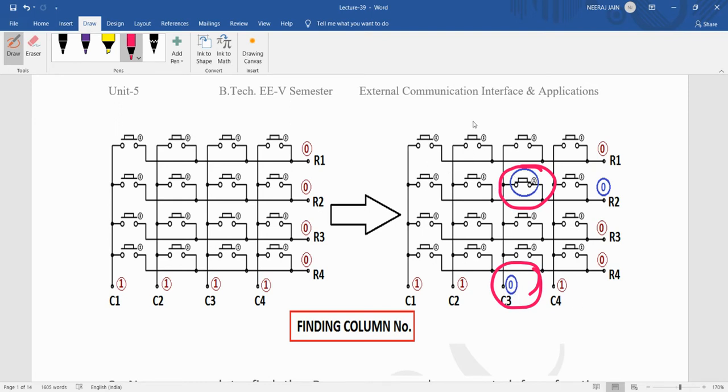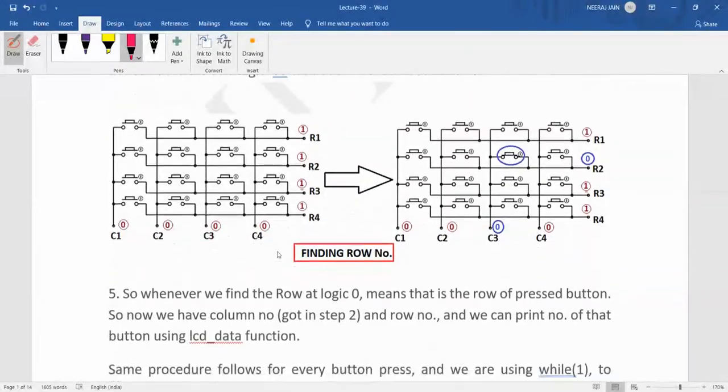Otherwise, if any one key is pressed, it shows 0, and when pressed here, 0 also comes. In this manner, we can detect which key is pressed.